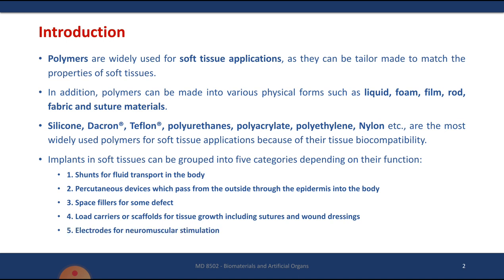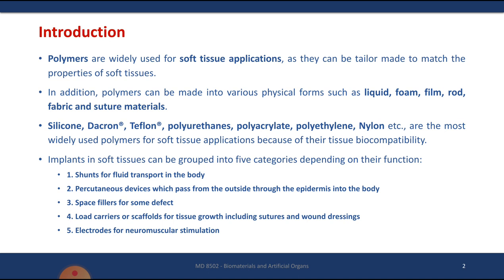And the last category is electrodes for neuromuscular stimulation. When we talk about intramuscular electrodes, you would have studied these things in your earlier courses. When you take the EMG signal, you have an external electrode and an internal electrode. In the case of an internal electrode, a needle electrode is placed inside the muscle.